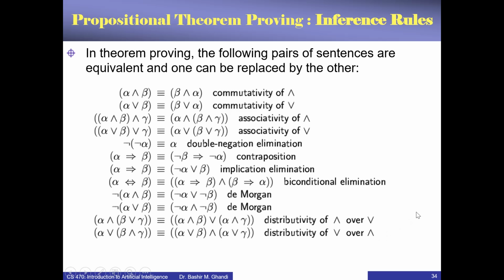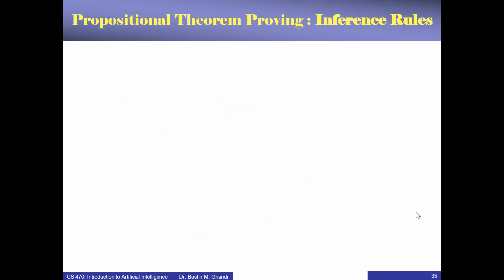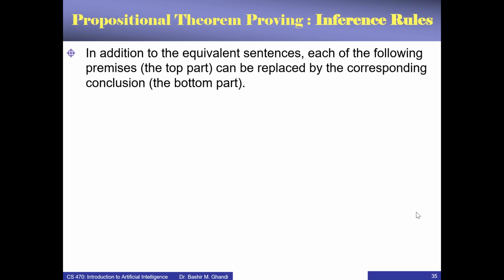We're going to find these very useful, but there are two more, not exactly equivalent, but they are going to be useful. In addition to the equivalent sentences, each of the following premises, the top part, can be replaced by the corresponding conclusion, which is the bottom part.